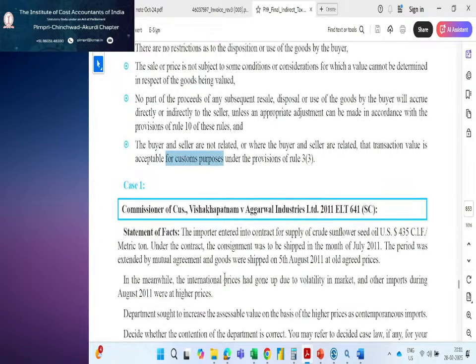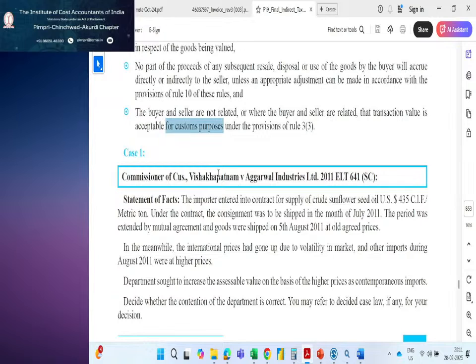One more case law relating to this is Commissioner of Customs Visakhapatnam versus Agarwal Industries Limited. The case is that the importer entered into a contract for supply of crude sunflower seed oil, metric 435, cost insurance freight per metric ton. Under the contract, the consignment was to be shipped in July 2011.